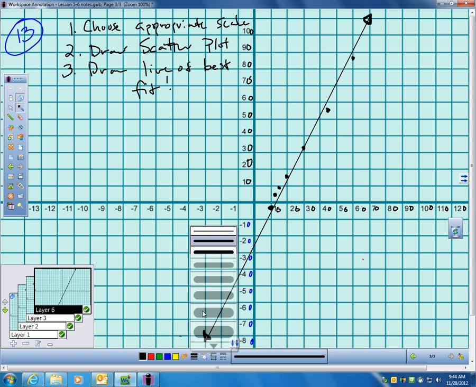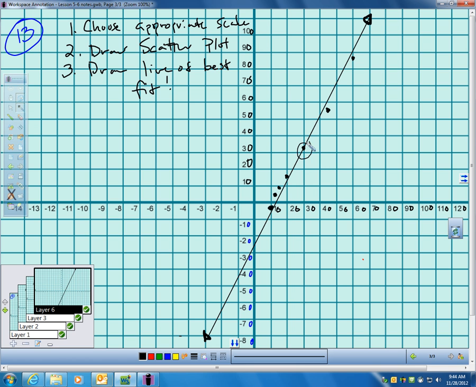To write an equation for it, I got to pick 2 points that are on this line. This point looks like it's right on the line. I'll use it. That was the point 30 and 32. And I'm going to circle it in blue.